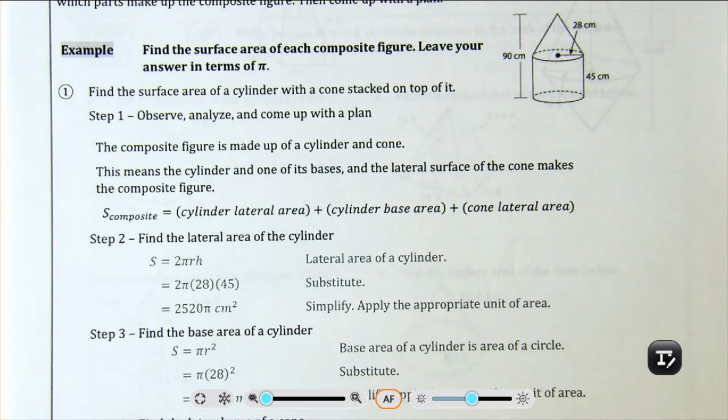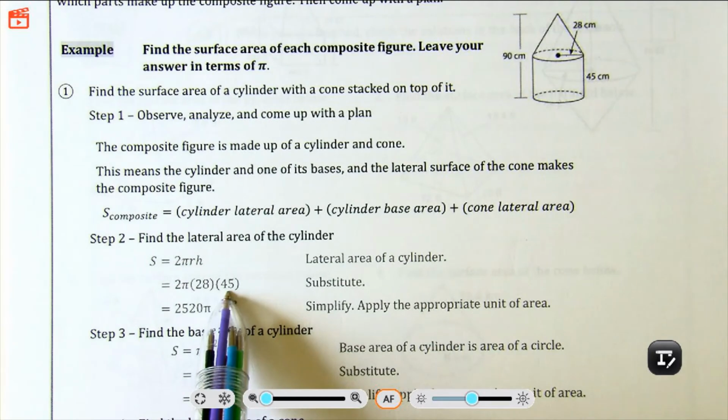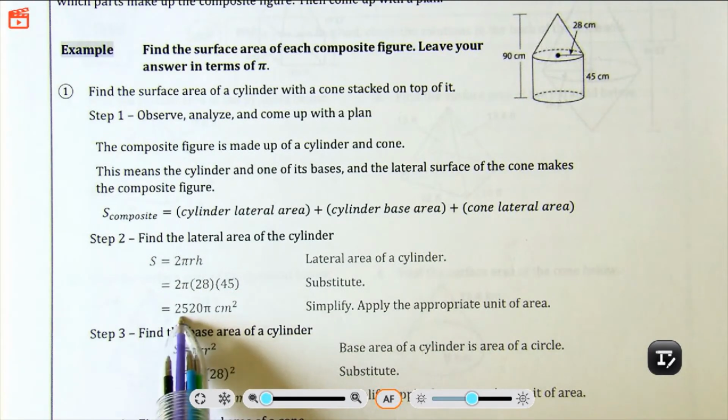So for step 2, for the cylinder, the radius is 28 and the height is 45. 28 times 45 times 2 pi is 2,520 pi.